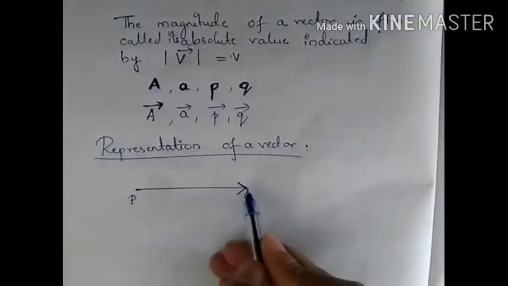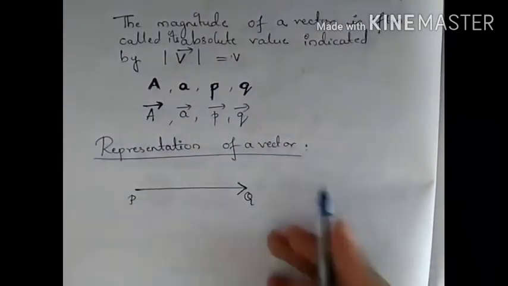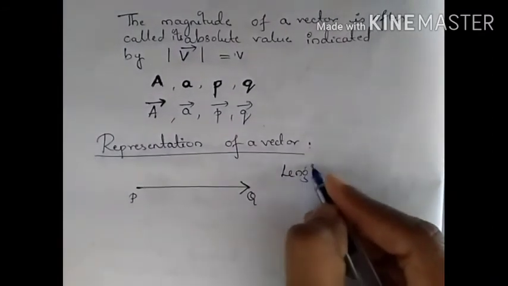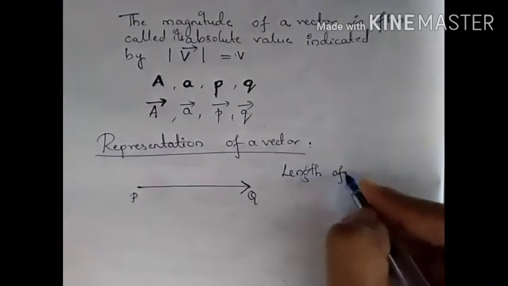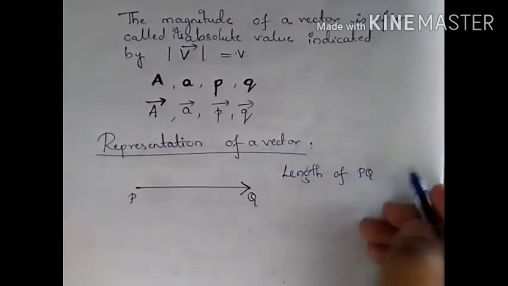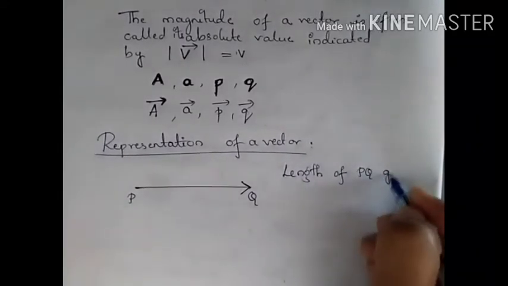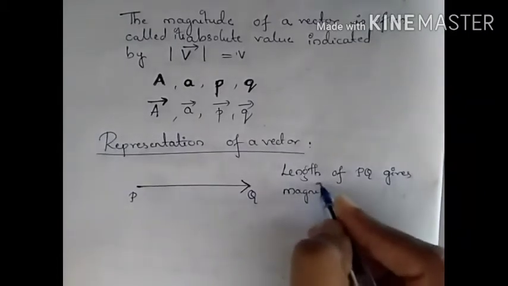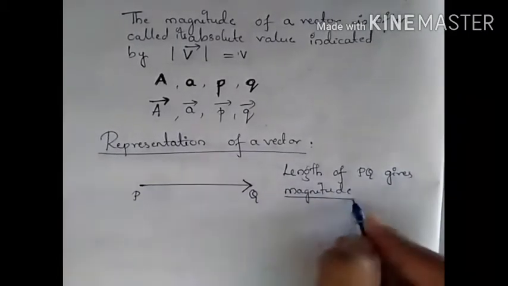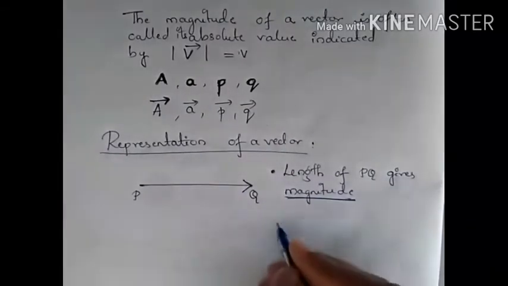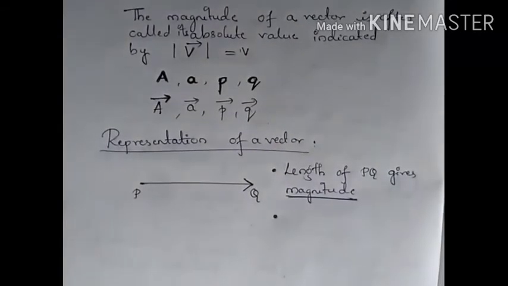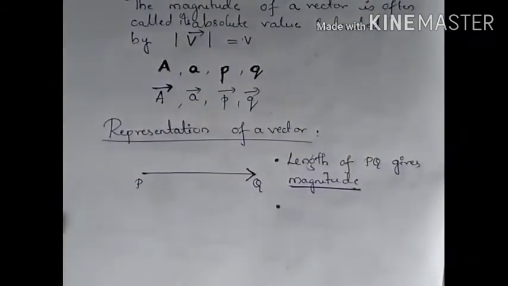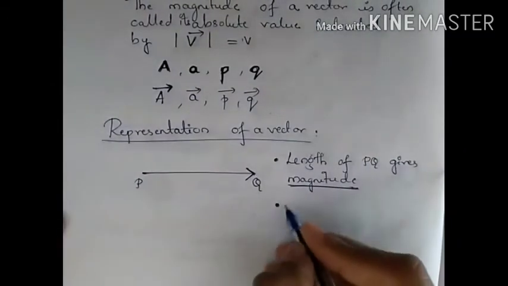Here the length of PQ gives the magnitude and the arrow mark indicates the direction in which the vector is going.